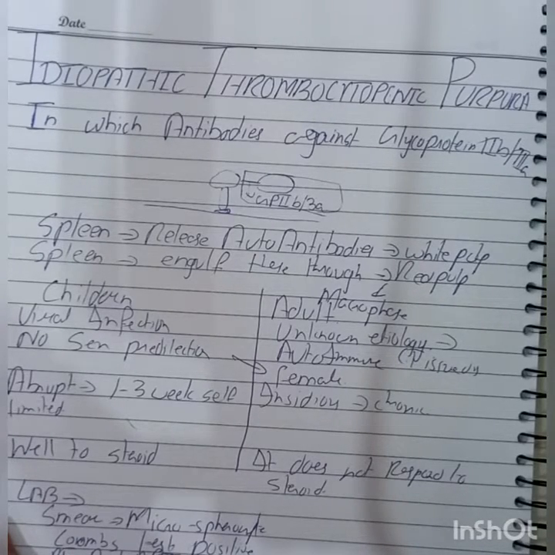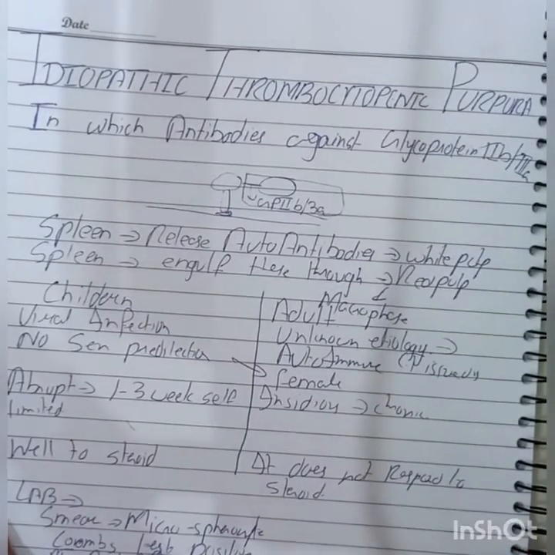But once the megakaryocytes exceed their function, there will be no increase in the platelets, and you see thrombocytopenia in the blood. So these are the labs of a patient with idiopathic thrombocytopenic purpura.